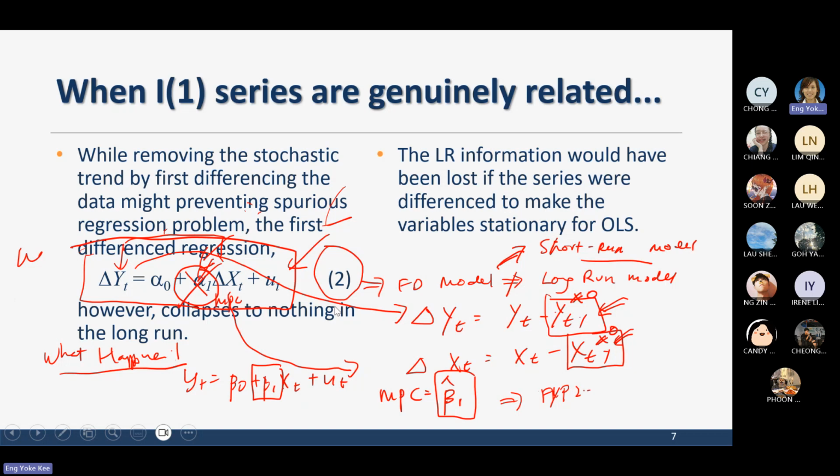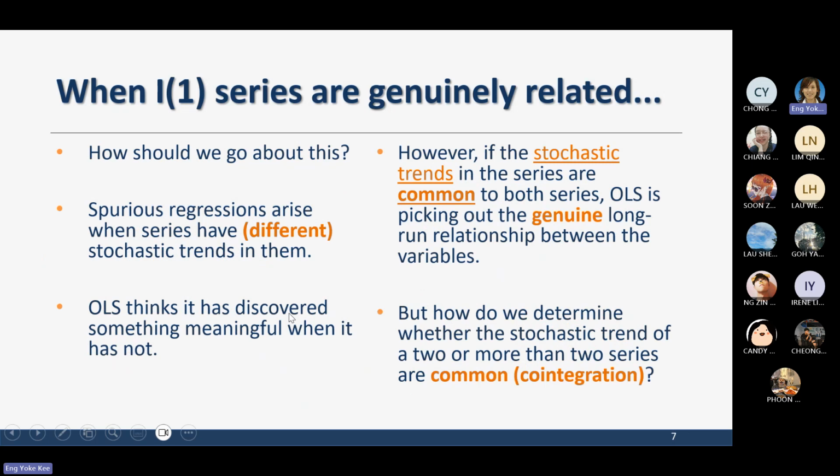So this is not a good way. Even though you solve your statistical problem, it doesn't really help you to answer your research question or achieve your research objective. So that is the common problem that we encountered in the 80s when trying to study long-run relationships.